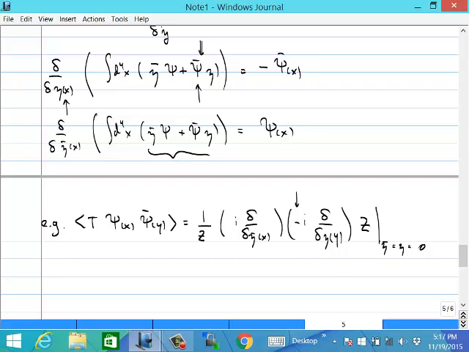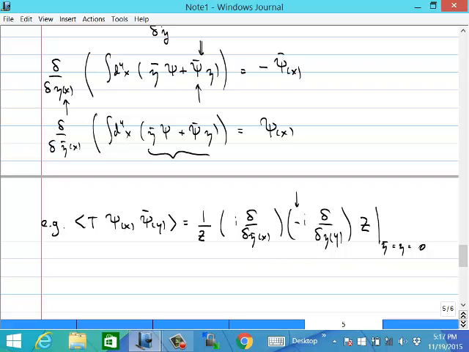Eta is a 4-component spinor, and psi bar is a 4-component spinor. And the way that we can track those together to get a scalar is you write psi bar eta rather than eta psi bar. It's like you take a 4-component column vector times a 4-component row vector, not the other way around. Is that how it goes? I never can tell the difference between a column and a row.